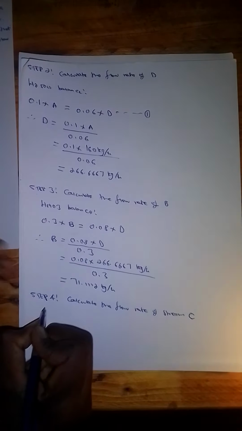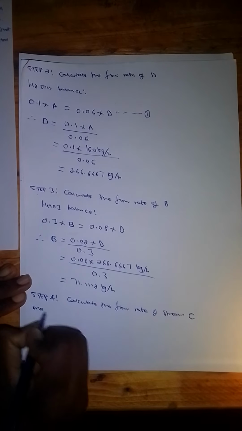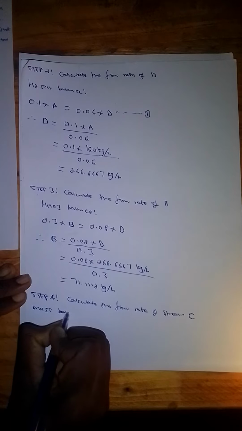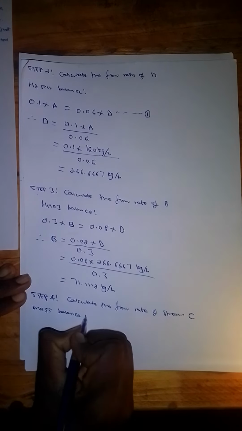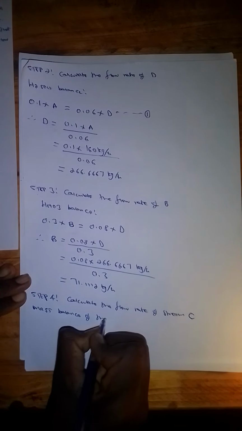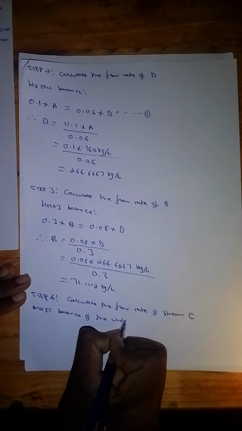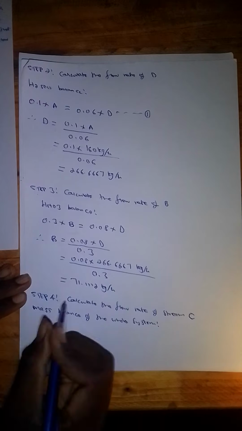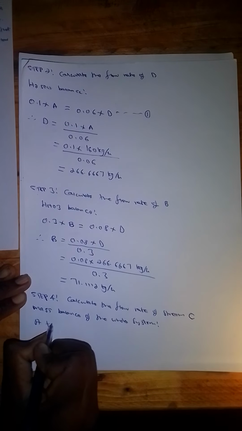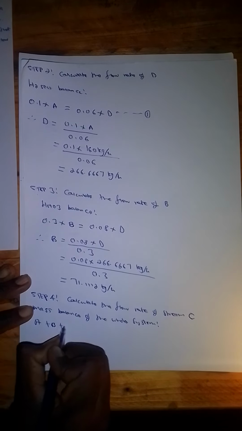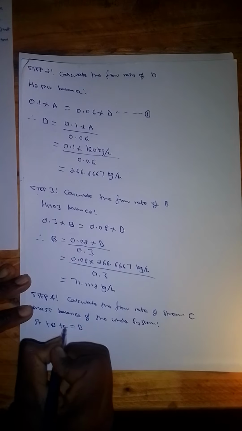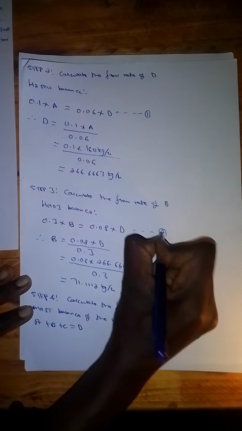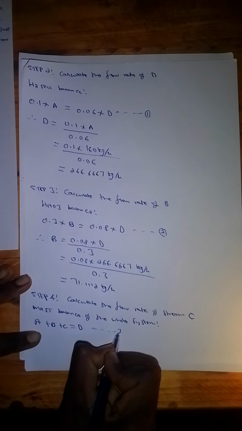So we can say mass balance of the whole system. A plus B plus C equals D. Let me name this equation 3.